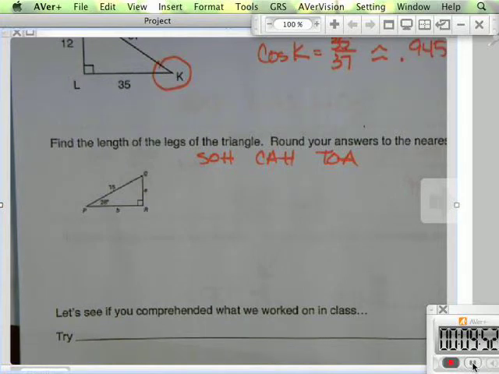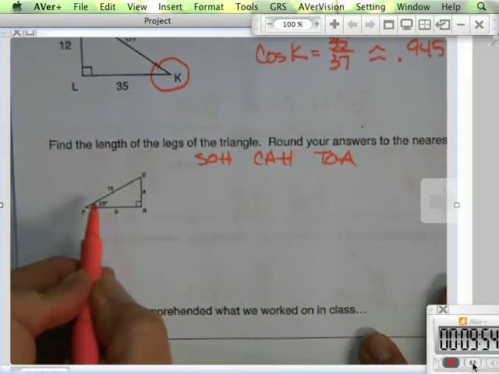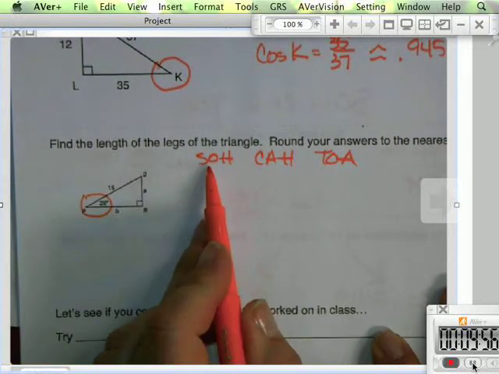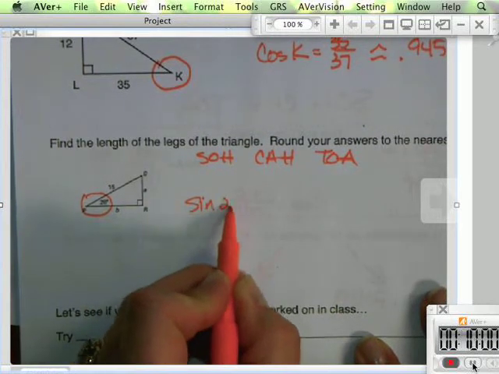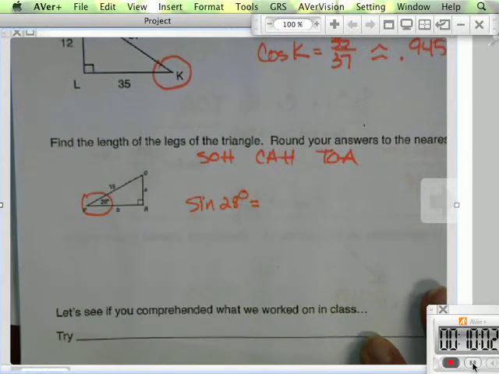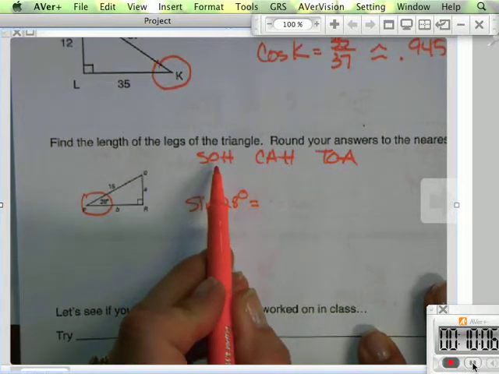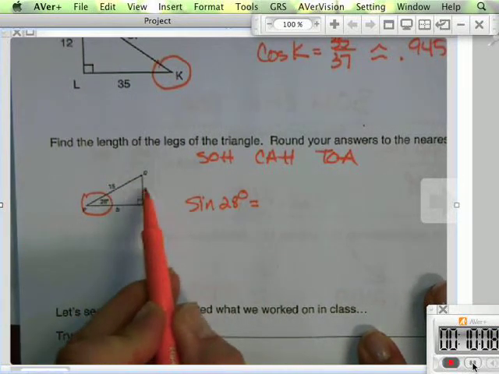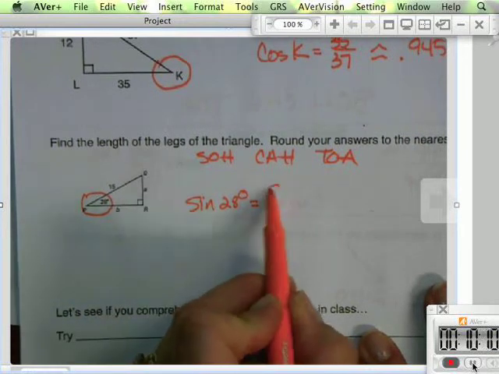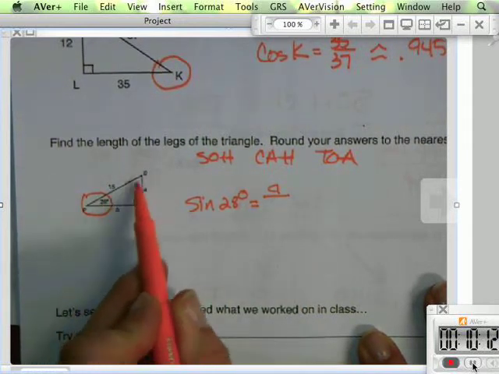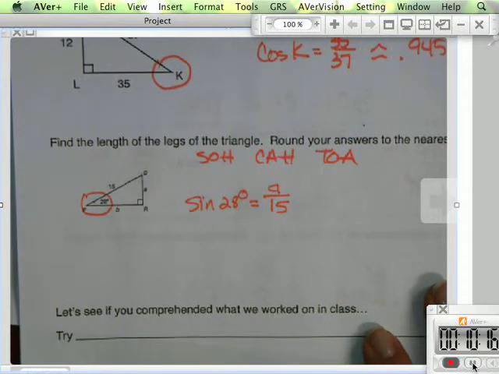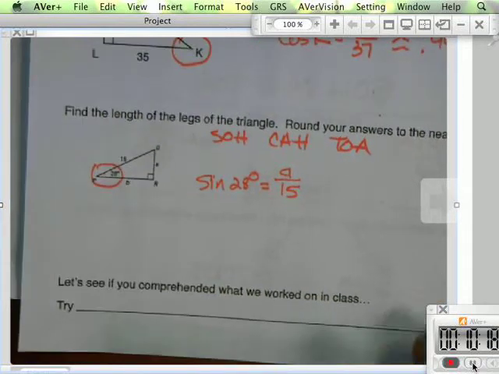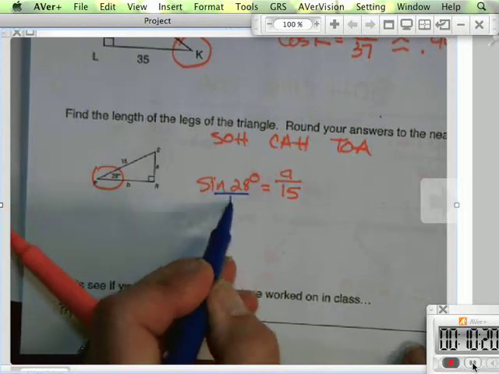All right, so I'm working with this angle right here. I'm going to use sine. The sine of 28 degrees equals, what's the O stand for? Opposite, which is what letter? A, over the hypotenuse, which is how long? Oh, now this is one of those problems where you can set it over 1 and cross multiply.